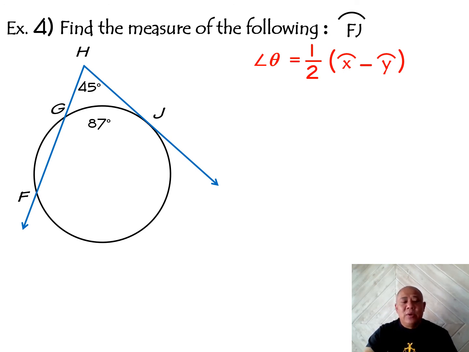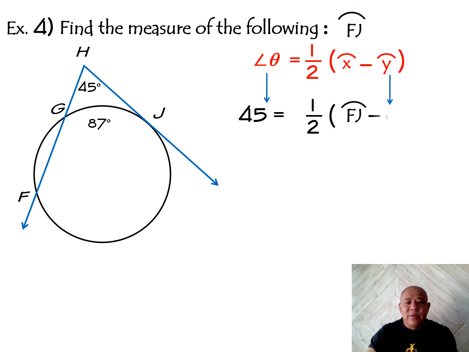We can substitute here, which is the outside angle, and here, which is the smaller arc. We need to find the bigger arc. So the angle on the outside is 45 equals 1/2 of FJ, that's the one we don't know, minus 87.